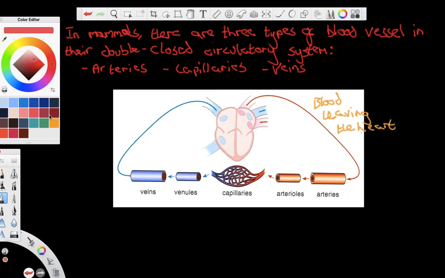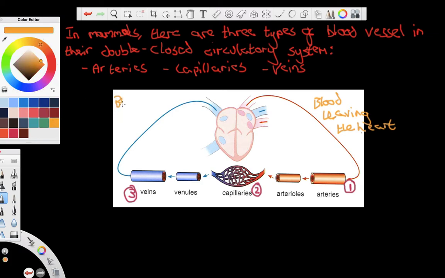So the first blood vessel that the blood encounters after leaving the heart is the arteries. They then go through something called arterioles, which we won't look into. You may wish to do that in your own time. And they enter something called capillaries. Once they go from the capillaries, they enter out into venules, and finally veins, which is the third one.